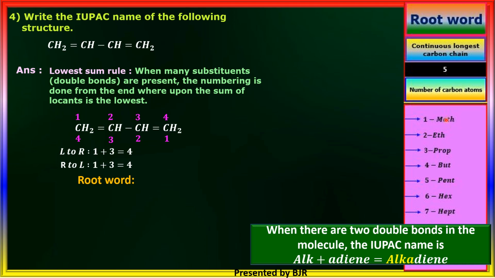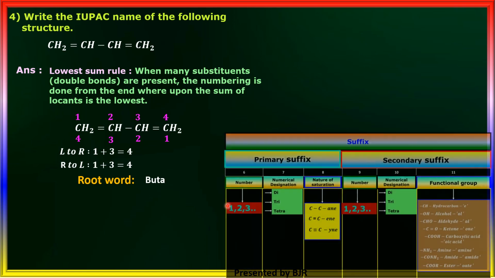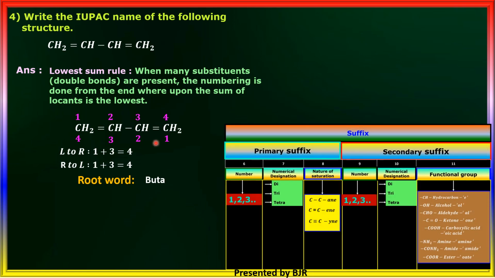So we have to attach a to the root word when more than one double bond is there. Here two double bonds are there, so we add a: alka, so buta. Next, primary suffix: because the chain contains only double bonds, it is en.